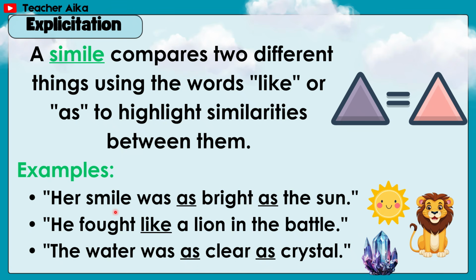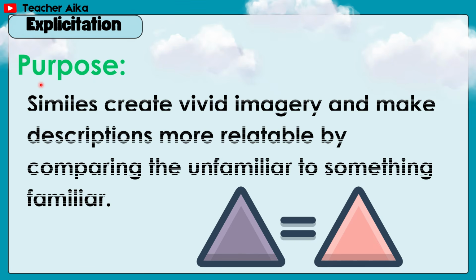First, her smile was as bright as the sun. Second, he fought like a lion in the battle. Third, the water was as clear as crystal. Purpose: similes create vivid imagery and make descriptions more relatable by comparing the unfamiliar to something familiar.